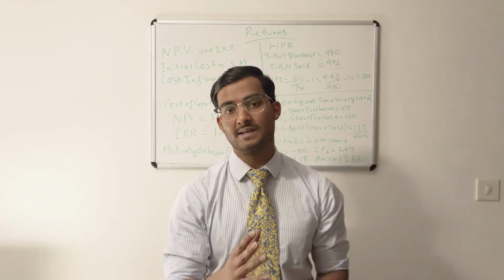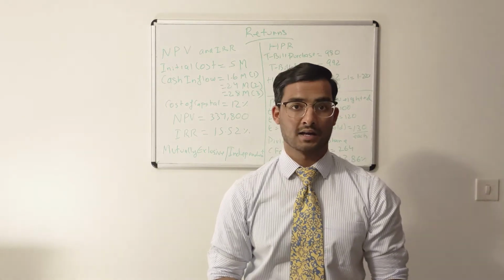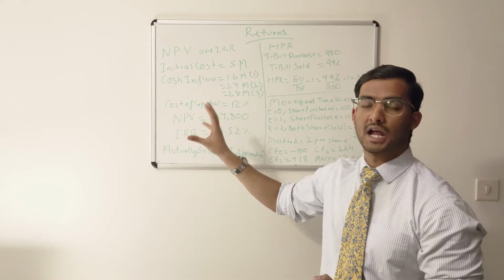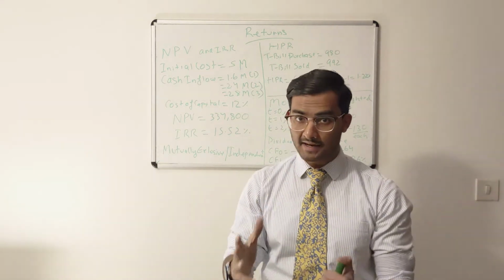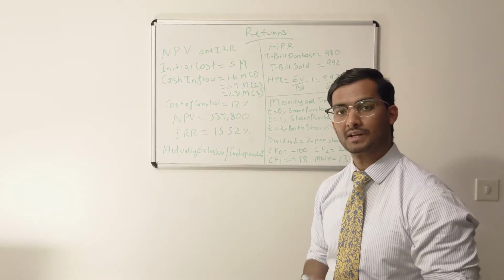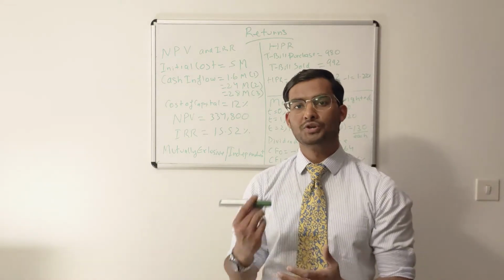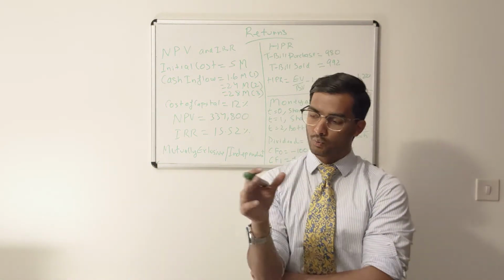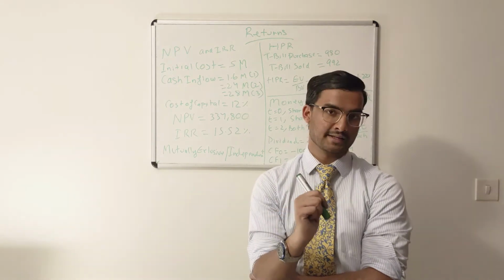A very similar concept to net present value is the internal rate of return, IRR, where we use the same concept. However, in the financial calculator, all you have to compute is the IRR and you get a figure of 15.52%. But there is a caveat. Would you accept an investment, or would the return of the portfolio be good if it is less than the interest rate?